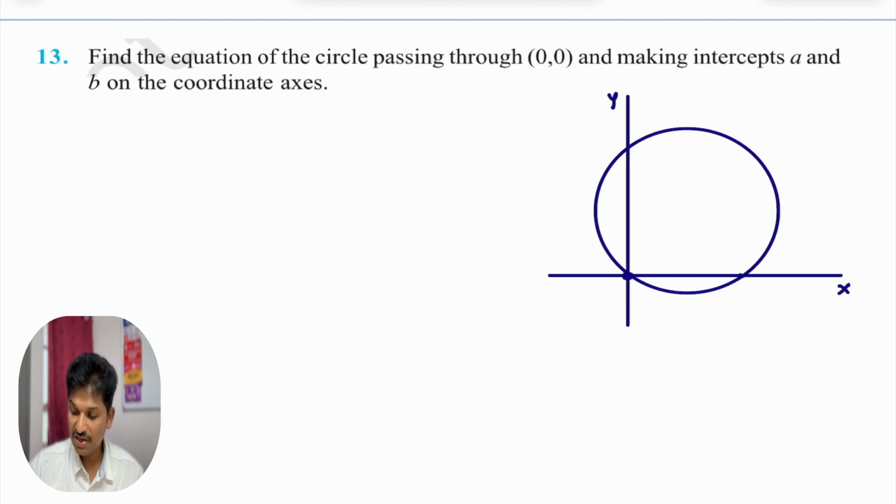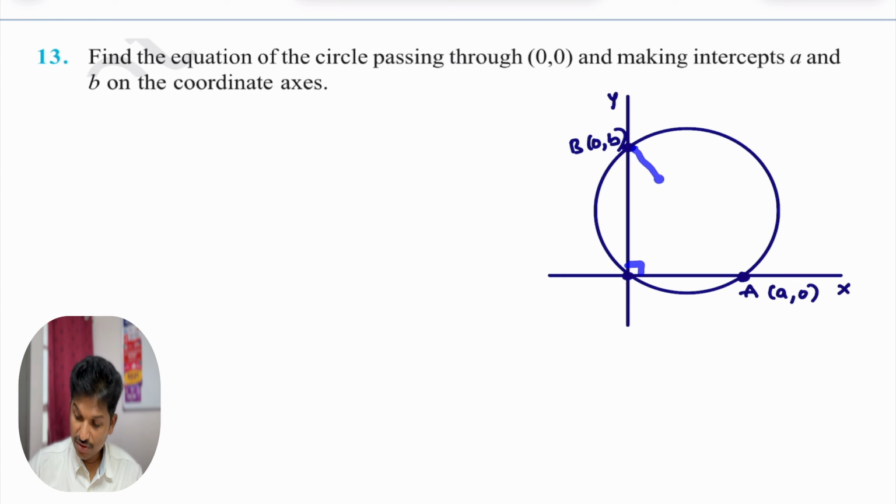I name this point as A and this point A is A comma 0. Why is it A comma 0? Because this length is A. And y-intercept they have given, this intercept is B. So what is this point? This point is 0 comma B. I name this as B and this point is 0 comma B. Here you need to observe a few things. See here, this is a right angle, right?